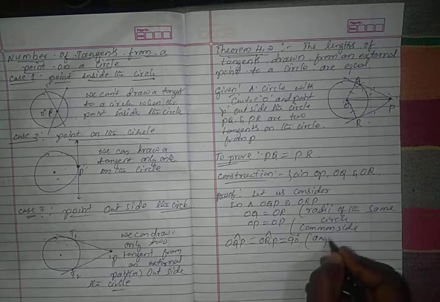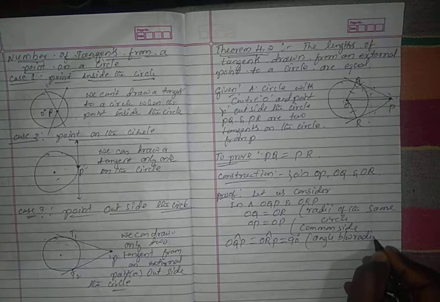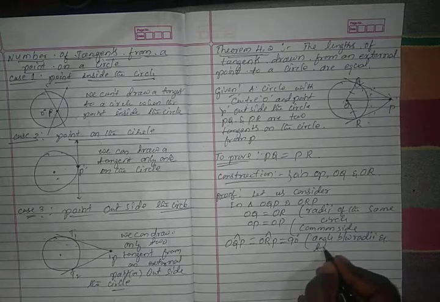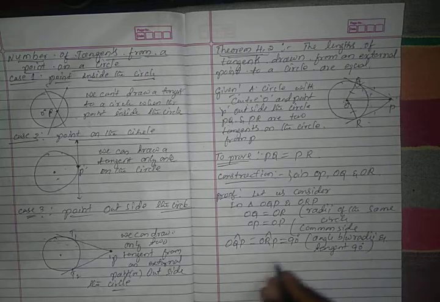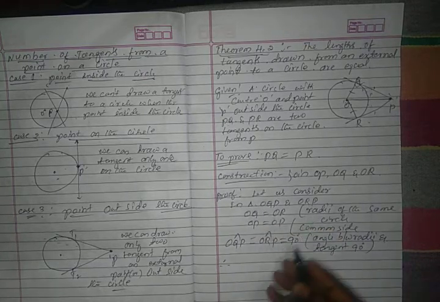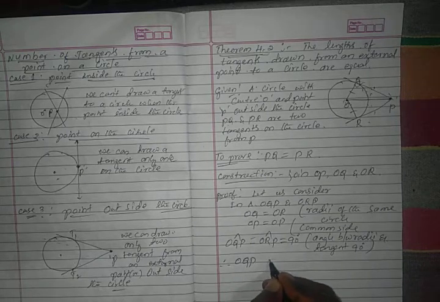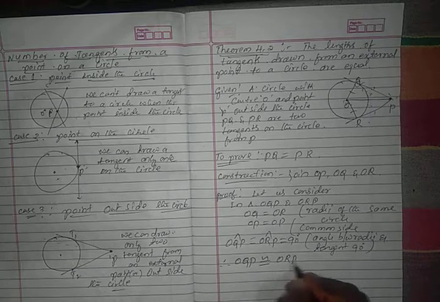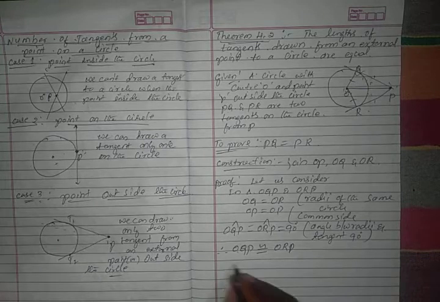The angle between the radius and the tangent is always 90 degrees. Therefore these two triangles OQP and ORP are congruent.